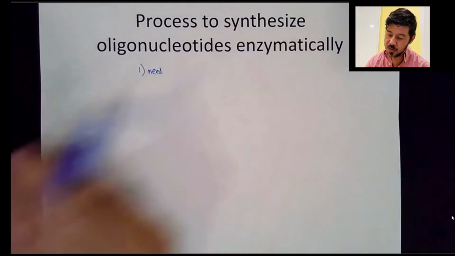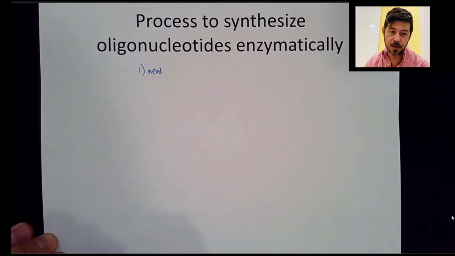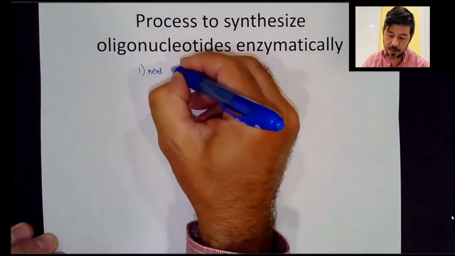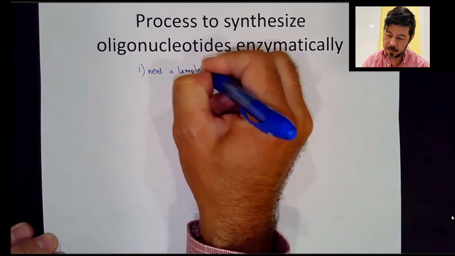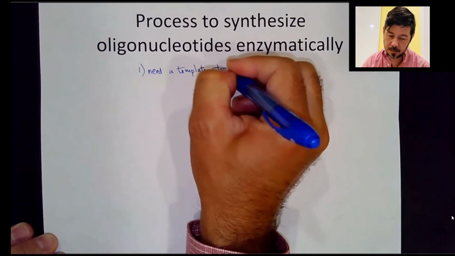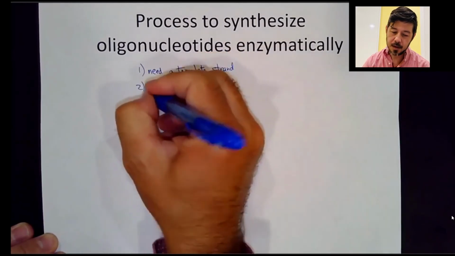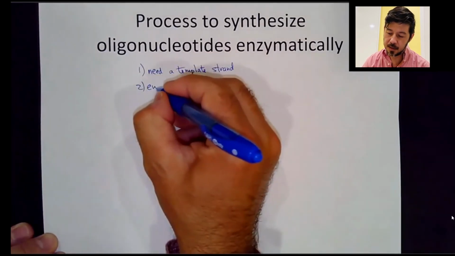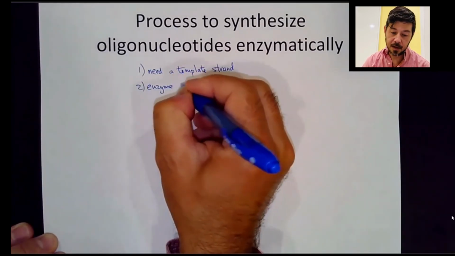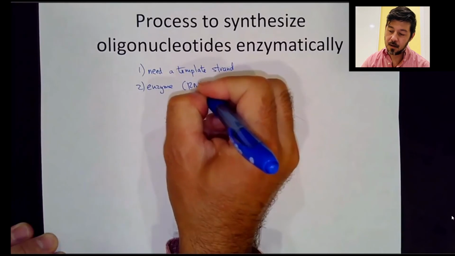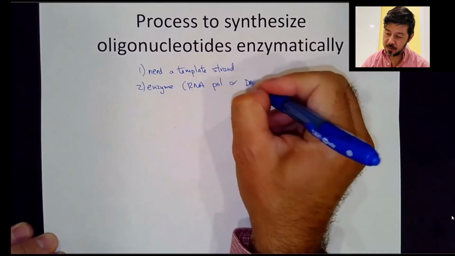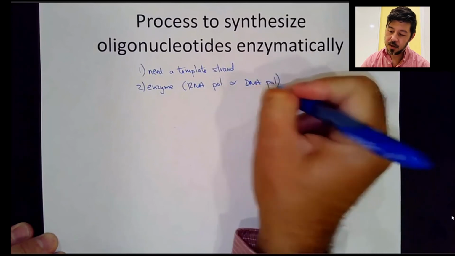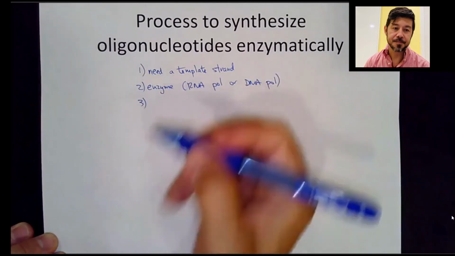The polymerase uses the code off the template strand in order to determine what the complement is going to be. Second, you obviously need an enzyme. In this case, RNA polymerase or DNA polymerase, depending on which oligonucleotide you're trying to make.